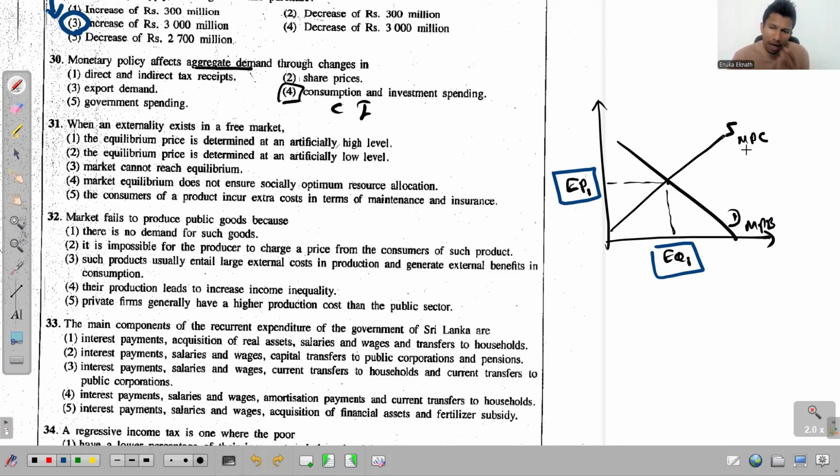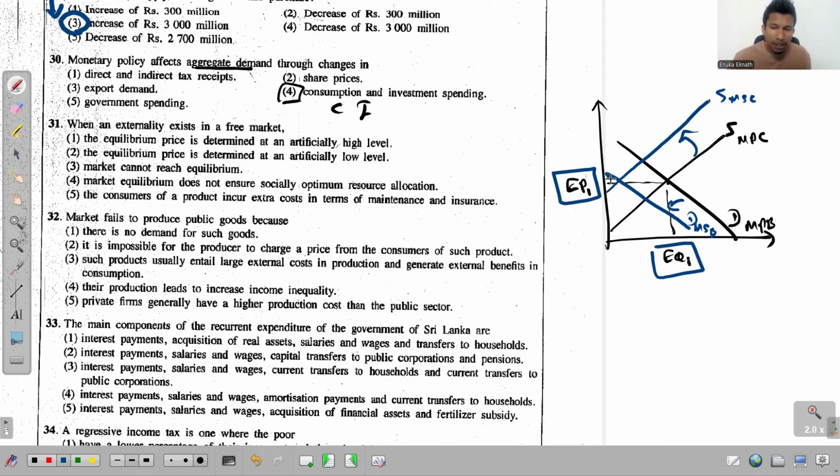So although the marginal private cost curve is here, sometimes, right, if there are negative externalities in production, the supply curve based on marginal social cost may be somewhere here. Although the demand curve is here, the demand curve based on the marginal social benefit may be somewhere here.